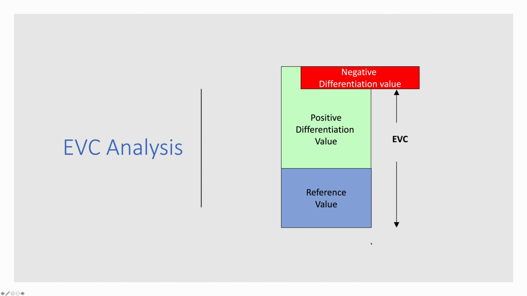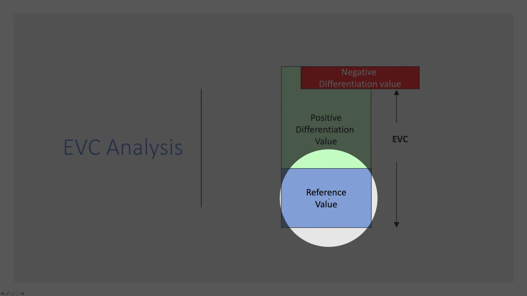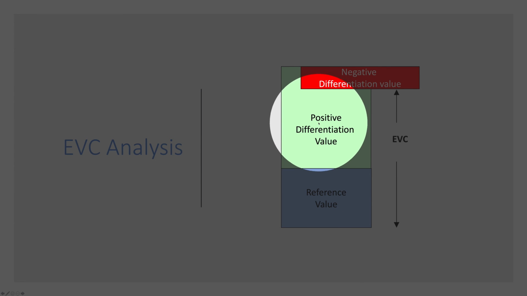Here's a visual illustration of EVC analysis. At the bottom, we have the reference value. So this is basically the cost of the closest substitute or the competing product. Your product may work better. That creates a positive differentiation value, so it goes up. On the other hand, the differentiation value can be negative.